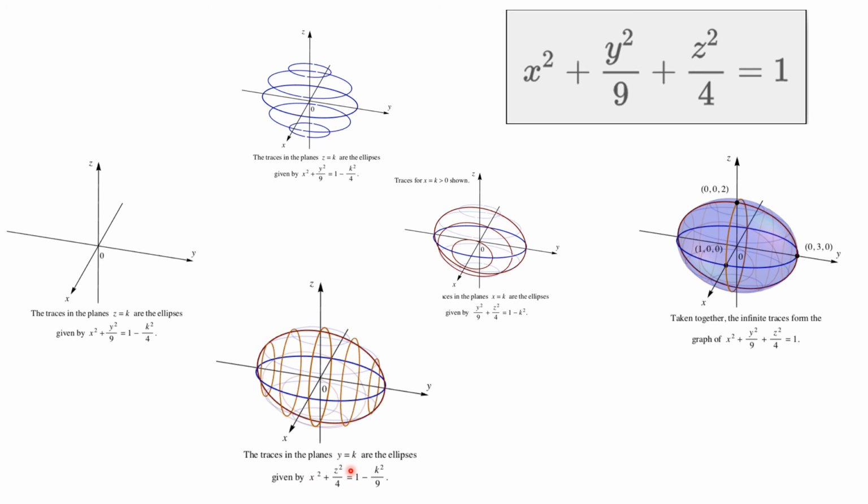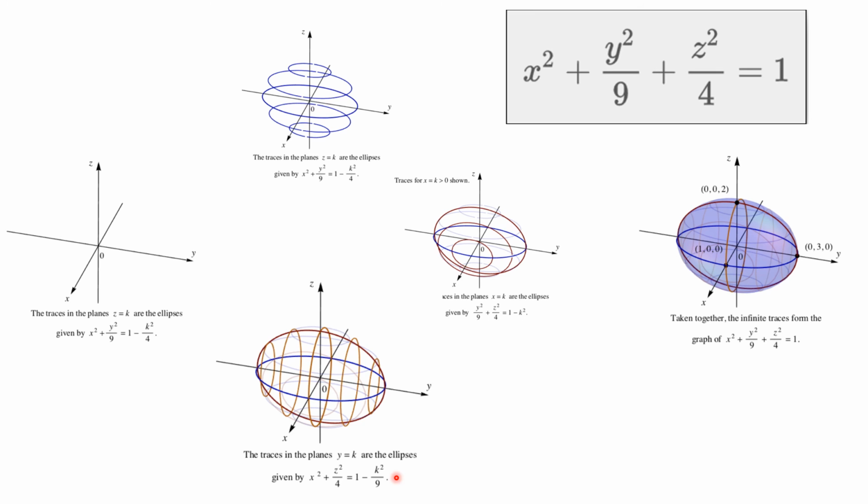If we let y equal k, we get x squared plus z squared. These are also ellipses, but these ellipses are not in this direction. These ellipses are in this direction. They're in the xz plane, and then you can move it out and back. And here k is going to run from minus 3 to plus 3.